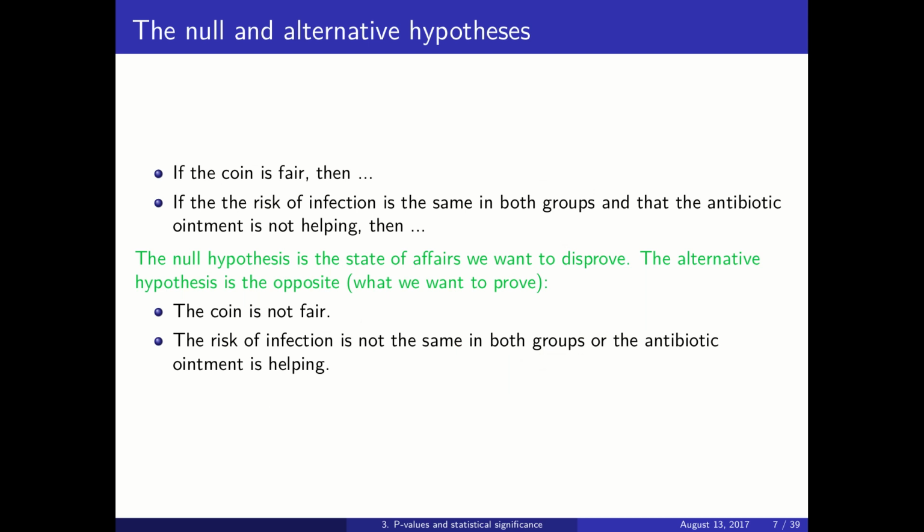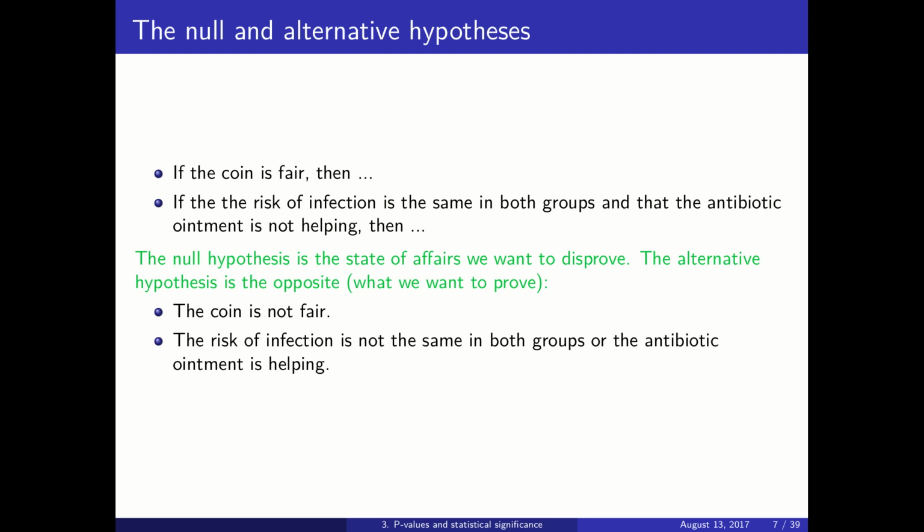All these tests start with a null hypothesis. If the coin is fair, that is our null hypothesis. If the risk of infection is the same in both groups, that is our null hypothesis. So the null hypothesis is the state of affairs we want to disprove, and the alternative hypothesis is just the opposite.